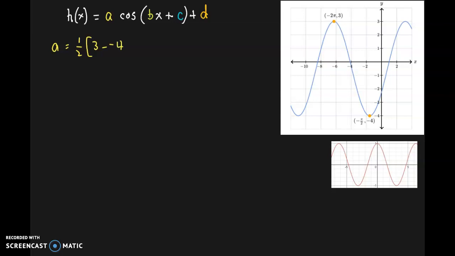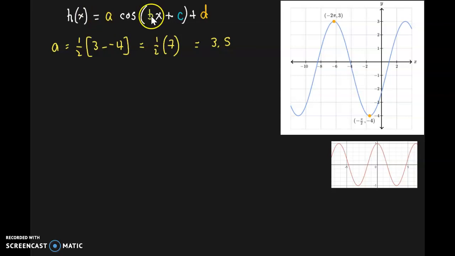So 3 minus negative 4, which is a half of 7, which is 3.5. Okay, so that's our amplitude.